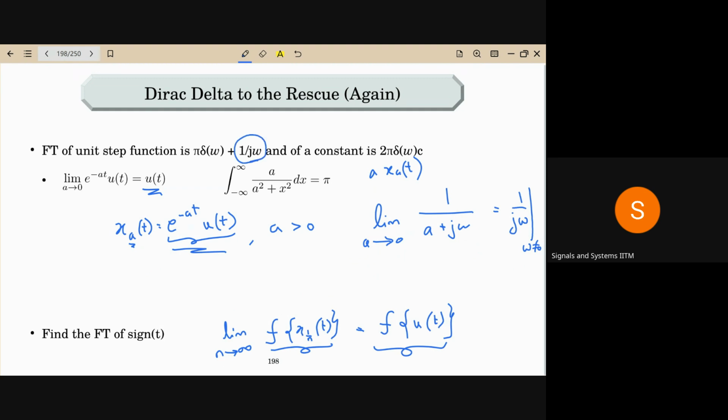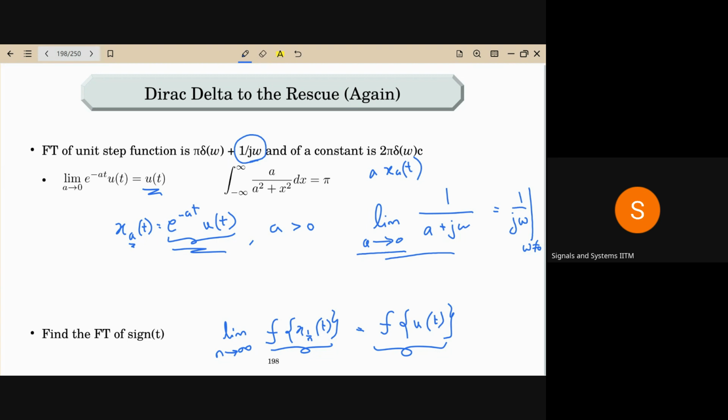But when omega is equal to 0, you cannot directly apply the limit, because in the Fourier transform computation itself, you will get some e power 0 term multiplied with 0 term. So it's like a 0 by 0 term or an infinity by 0 term, which is not defined. So when omega is equal to 0, you cannot find this limit. So the omega equal to 0 case is the only case where you have to worry.